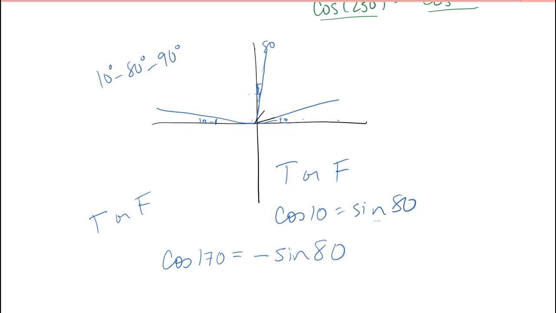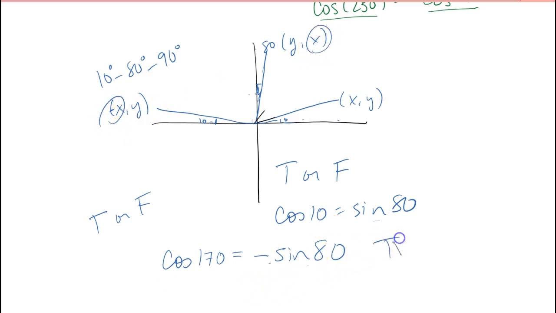So if we think about it, whatever the x and y are at 10, it's going to match on this side, right? The only difference is that this is going to be negative. And this xy, how does it relate to 80? Well, if it formed the same triangle, this is now the yx. So things got switched. So is the x value at 170 equal to the negative y value at 80? Yes, it is.